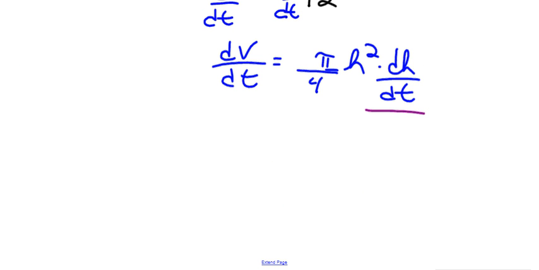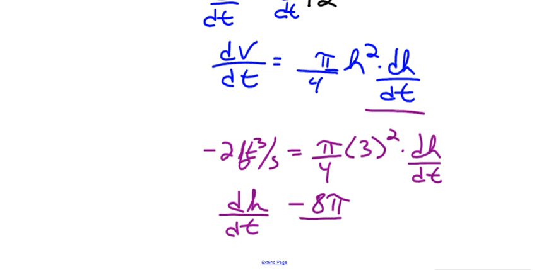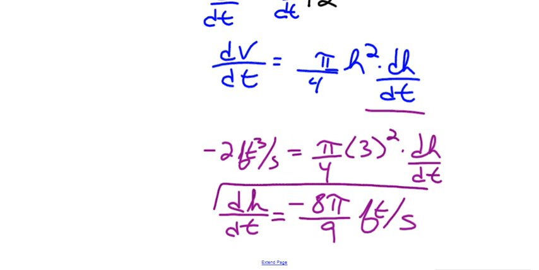So I'm going to substitute in negative 2 feet cubed per second is equal to pi over 4 times 3 squared times dH/dt. And then from here, I can go ahead and solve for dH/dt. And we should get that it's negative 8 pi over 9 feet per second as our final answer.